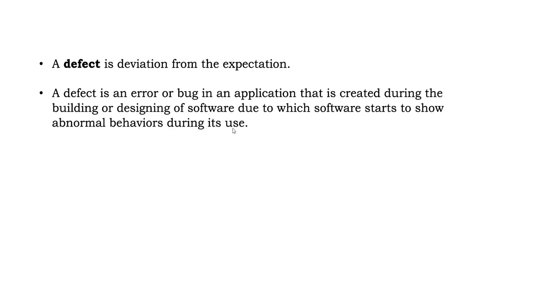So it is nothing but a defect or error, where while building, the developer has missed some condition, which is showing the abnormal behavior. So that is where it becomes a defect.